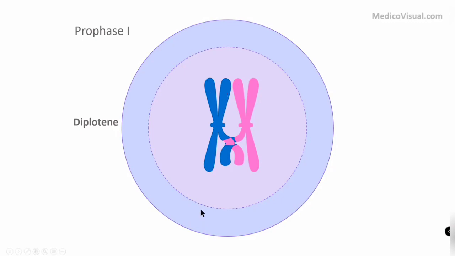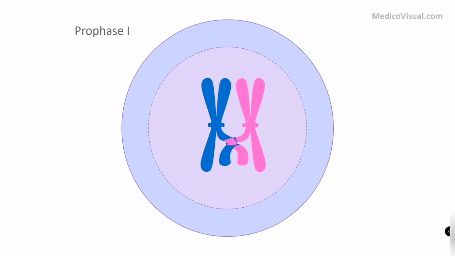And after diplotene, they move away from each other, right? And this is called diakinesis. Kinesis means movement, like kinetic energy, you must have heard of that. So these were the phases of prophase 1.